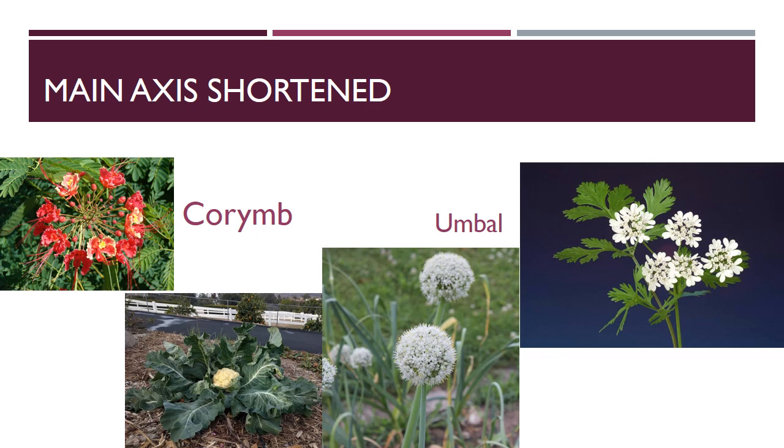All flowers appear at the same level to form a convex or flat-topped raceme inflorescence. For example, Cephalandra is the best example. Then compound corymb is a branched corymb. For example, cauliflower. Okay, look at this picture carefully. That is a cauliflower plant. Okay, this is one of the examples for main axis shortened corymb.